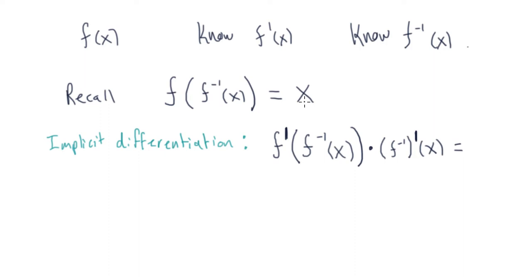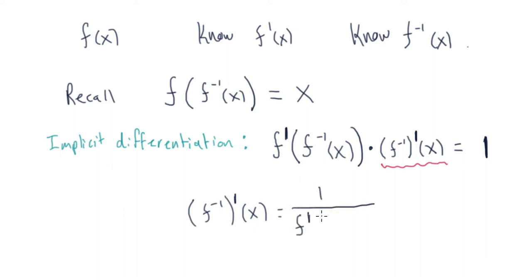But then the derivative of the right-hand side is just 1, right? Derivative of x with respect to x. But look, this is what I'm looking for. I'm looking for the derivative of f inverse. So it seems like I should just divide by f prime of f inverse of x. And that's exactly what we do. So f inverse prime, so the derivative of the inverse function, is nothing more than 1 over f prime evaluated at f inverse of x.